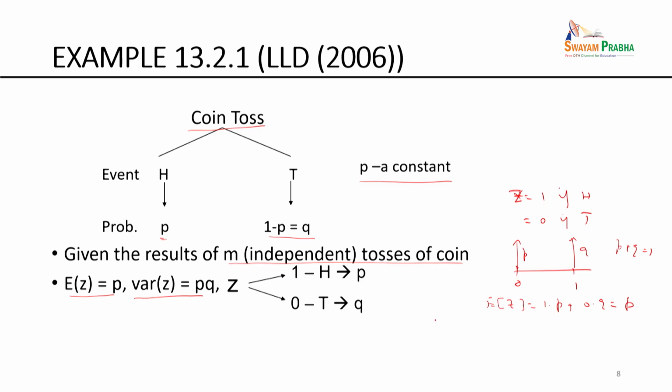The variance of z, you all know the variance of z is equal to z minus expected value p, squared.